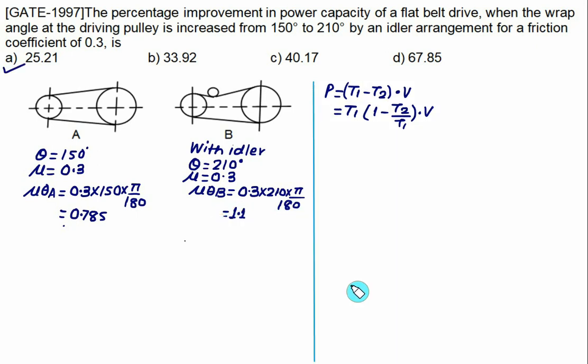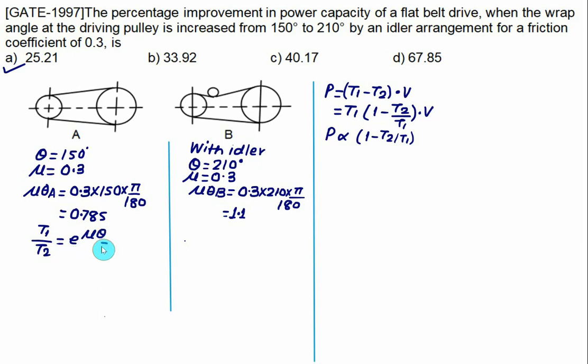The maximum allowable tension T1 is always fixed. So only the value of T2 by T1 will change in this case, which is nothing but e to the power mu theta. The power is proportional to 1 minus T2 by T1, so we need to calculate T2 by T1 for both cases. The ratio of tension of tight side to slack side, T1 by T2, is the same as e to the power mu theta, that is e to the power 0.785.